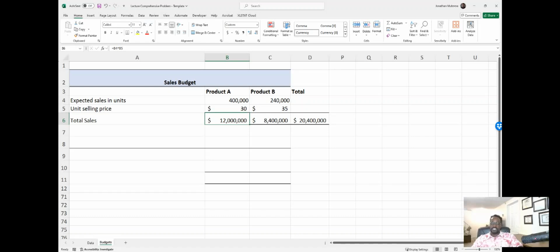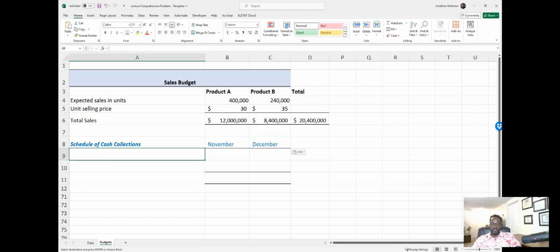Before we move on to the next budget, though, what I like to do is use the information that were provided and prepare schedules for cash collections or cash payments. So we'll start with the schedule for cash collections here, and we will have for both November and December. So we will start with our November sales.